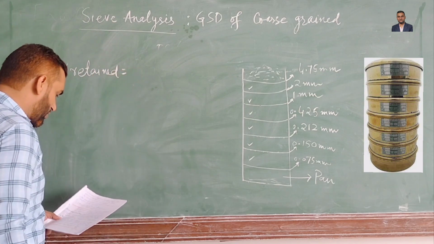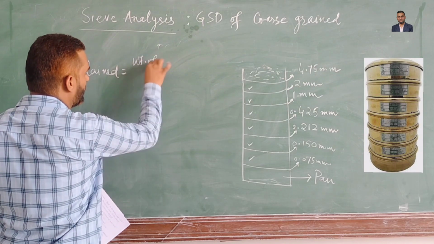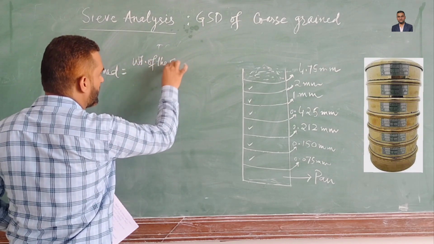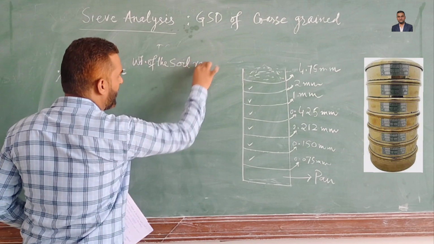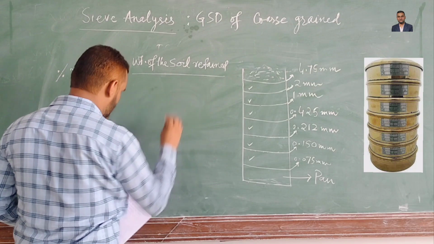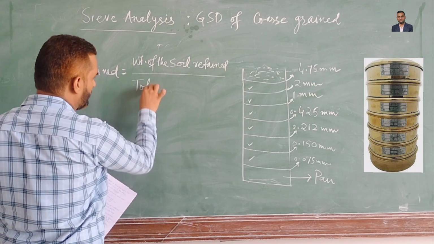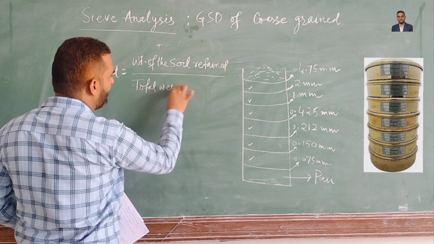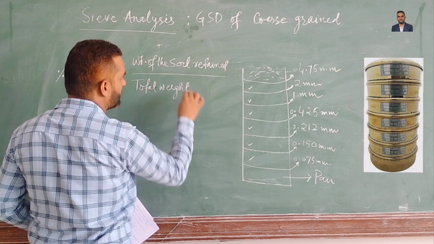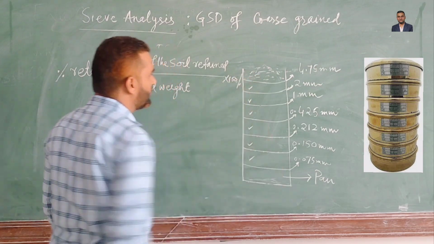First of all, calculate the percentage retained on a particular sieve, and that will be equal to weight of the soil retained on that sieve divided by total weight of soil taken. Here it is 500 gram. Since it is percent, so multiplied by 100.